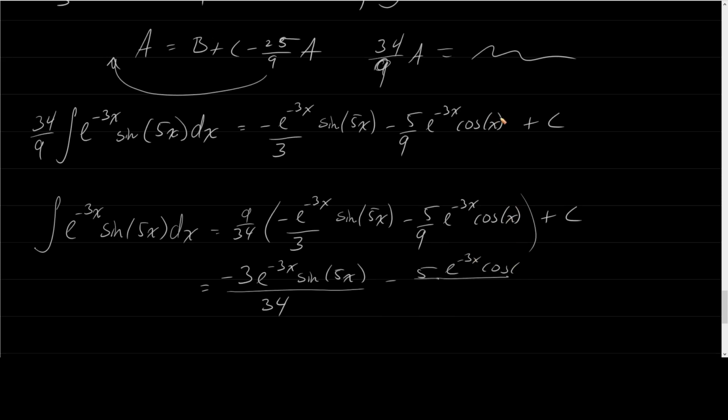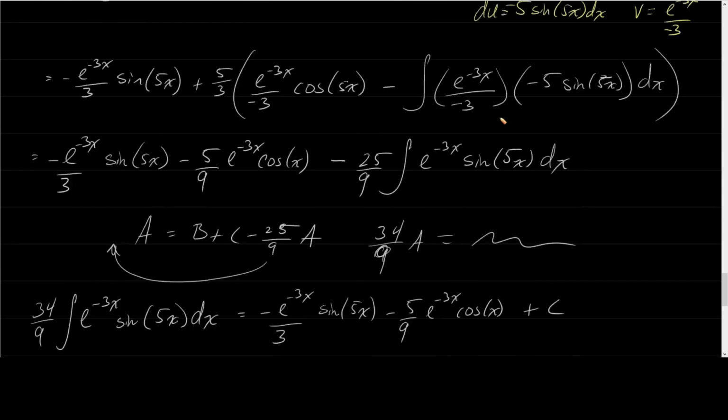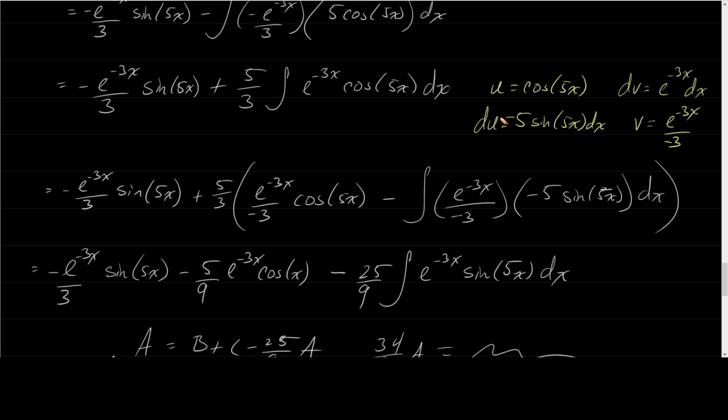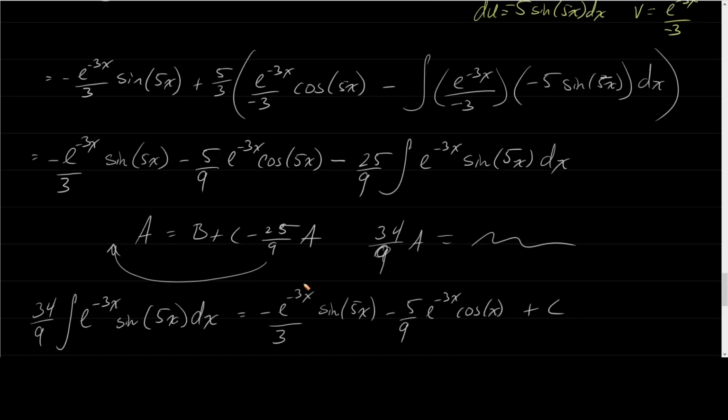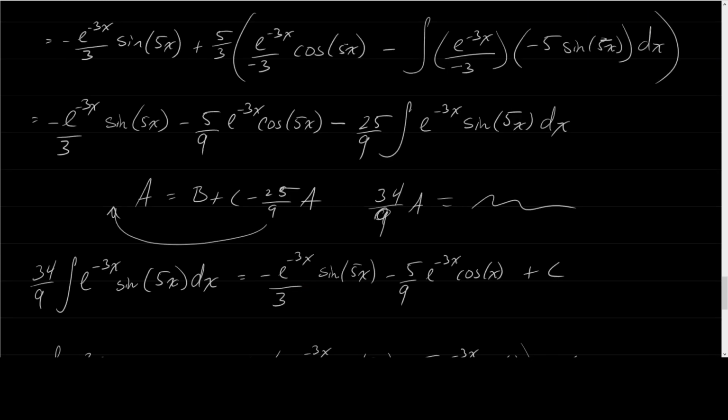This cosine x should have been cosine of 5x. Look at that, I copied that wrong here. Ah, man, that same mistake happened earlier. So this is 5x. If you caught it while listening to me, good job, you. Let me fix it though.